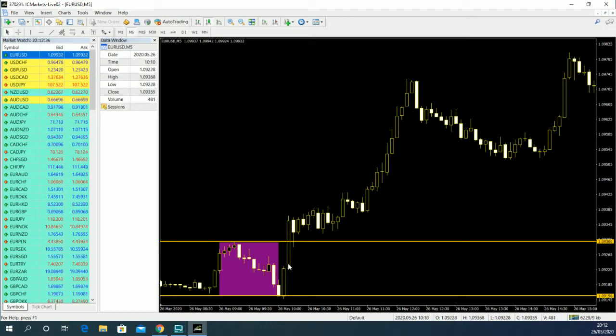Number two, this inside candle. And number three, this third bullish candle. So it's 1, 2, or 3. Which is the trigger candle? Ladies and gentlemen, fingers on the buzzer, please. 1, 2, or 3. Okay.